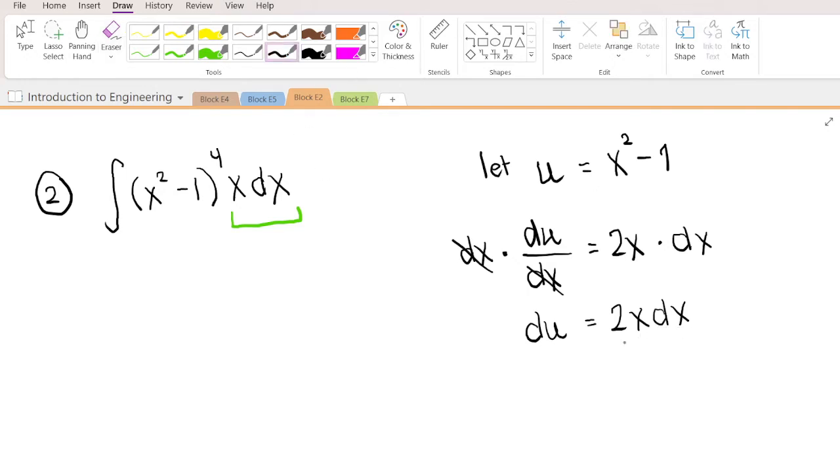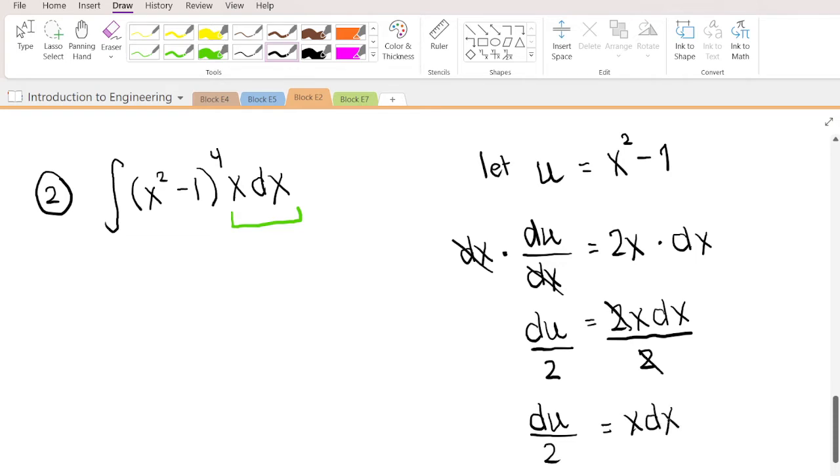So to do that, what I'm going to do is to divide both sides by 2. So after dividing both sides by 2, I have du over 2 is equal to x dx.